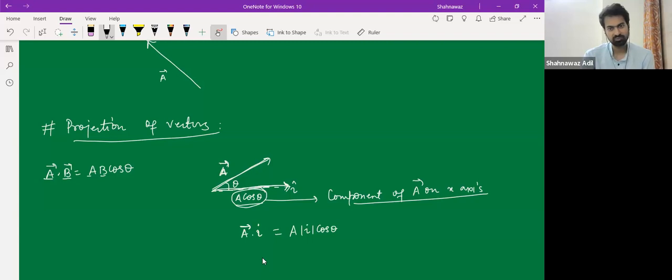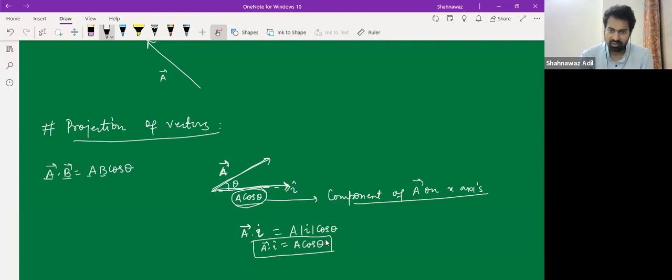Am I correct? So the magnitude of I is 1, so it is A cos theta. Understood? I am calculating A dot I, so my B is this I have.